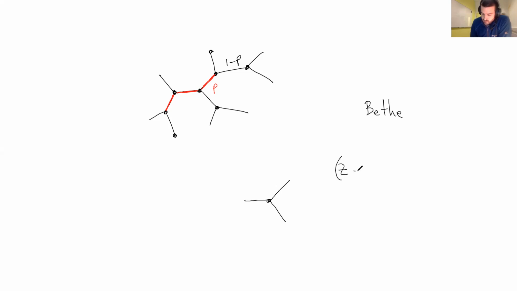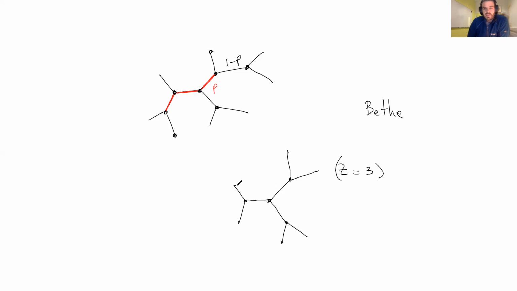Here, in my example, Z equals 3, but you have 4-order trees, 5-order trees, and so on. Okay, and so each of those points are again connected to 3 things. Okay, so you have a kind of network that goes towards infinity like this.